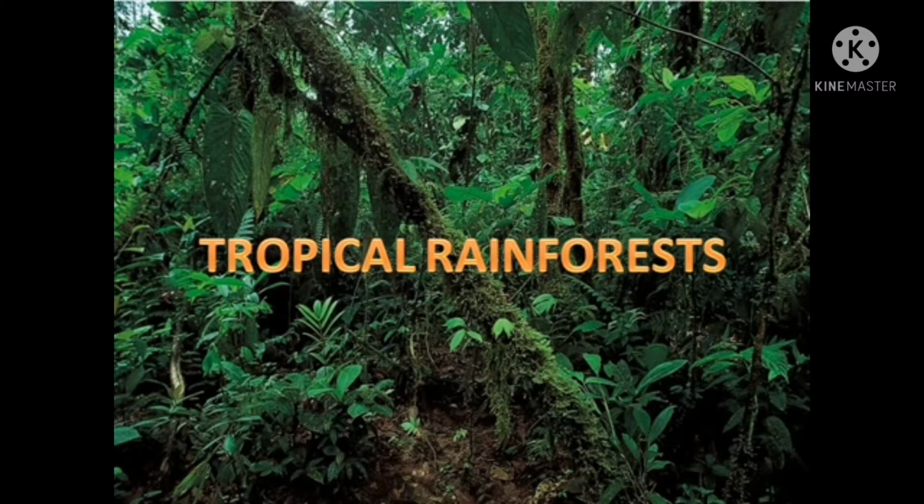Temperatures are uniformly high, between 20 and 35 degrees Celsius. Such forests are found in Asia, Australia, Africa, South America, Central America, Mexico, and on many of the Pacific islands.